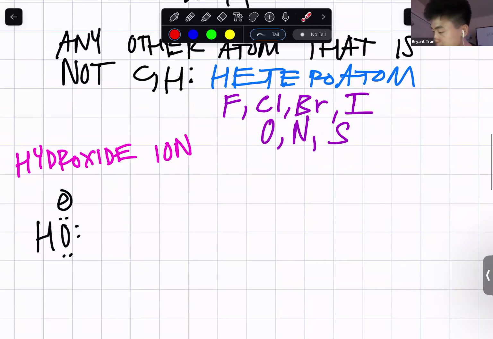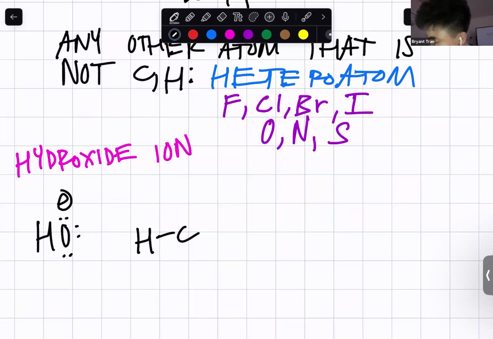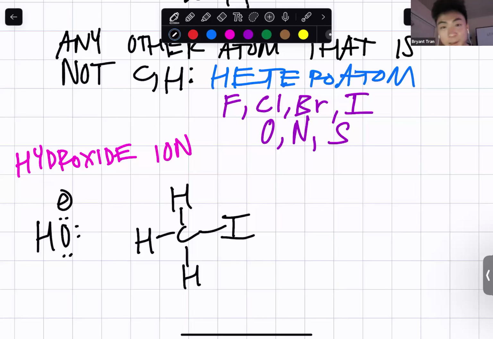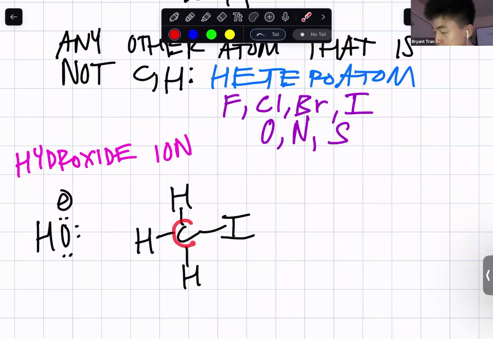Okay. And then let's say we have this structure here, where we have a carbon bonded to 3 hydrogens and an iodine, like that. Do you remember? It's okay if you don't, just let me know, and then I could go over it. But the partial charge of, let's say, this carbon and the partial charge of this iodine, depending on the difference in electronegativity between those two atoms.